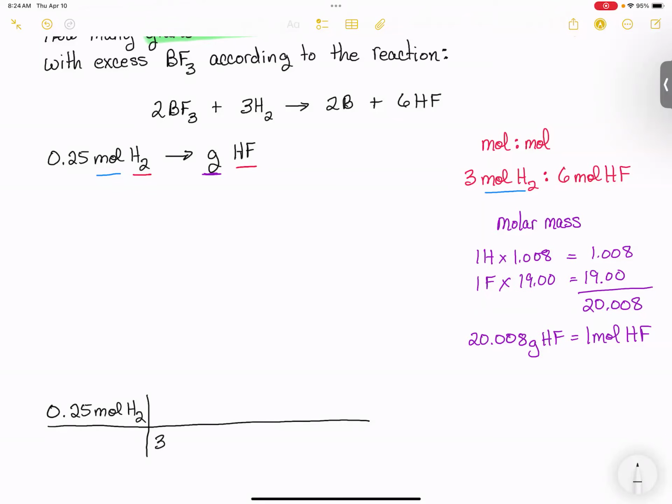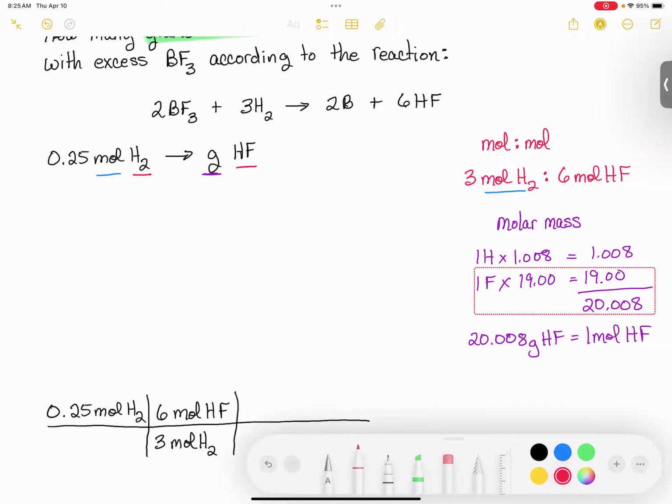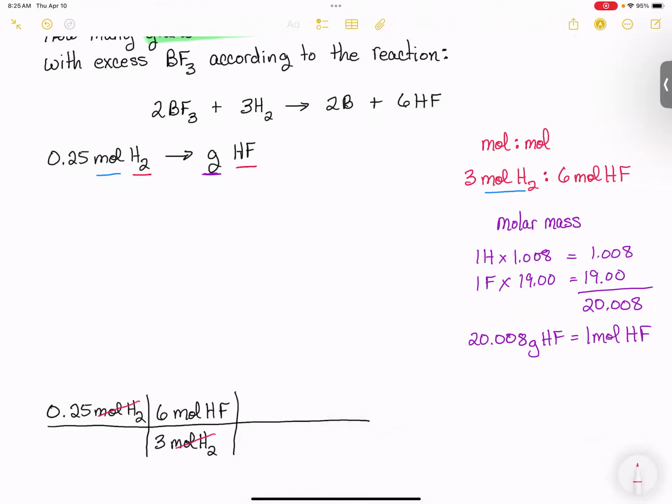The moles of H2 portion of that mole to mole ratio goes in the denominator, while the moles of HF go in the numerator. We place the moles of H2 in the denominator so that the unit and the substance would cancel out, leaving us moles of HF.